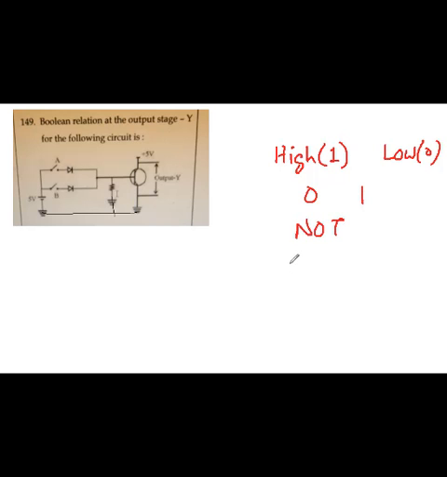For a NOT gate, you can write the output Y is equal to whatever input you give, A bar. Y is equal to A bar, the complement. Input high, output low; input low, output high. So the working of the transistor here is a NOT gate. Hope that's clear.